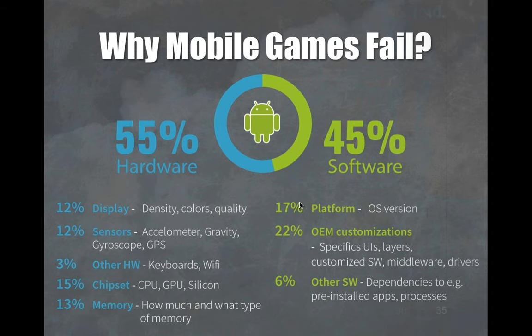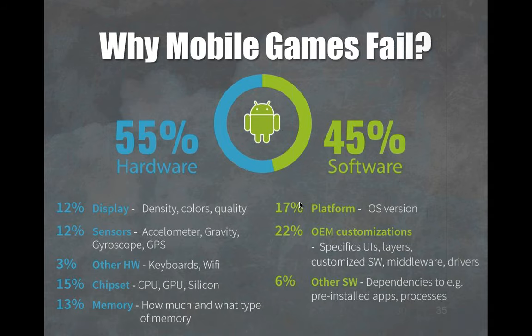But this time we saw much more problems and issues related to the hardware when people actually tested their games on those. What actually surprised me was that the chipset, whatever chipset you have in a device, was relatively low when you tested applications, but with games, it got more significant. The same happened with the memory, display, and sensors.